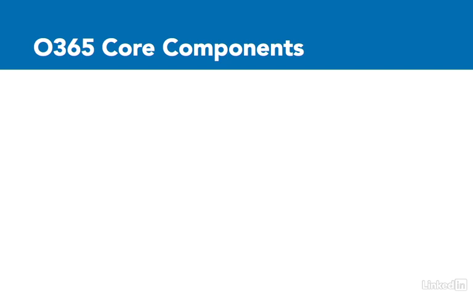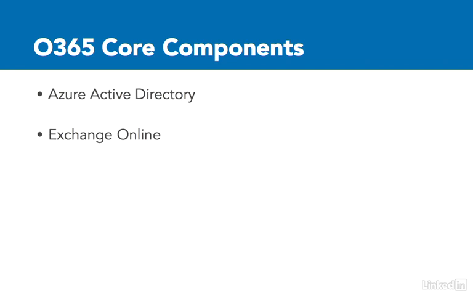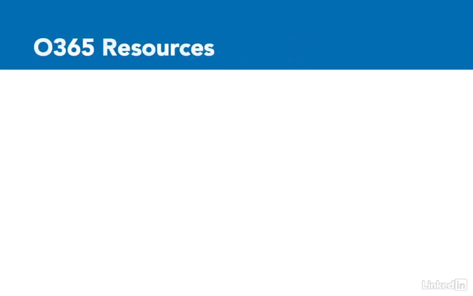So you can incorporate Azure Active Directory, you can incorporate Exchange Online, that's a part of many business plans, Skype Online, OneDrive storage, and many others, too many in fact to mention here. You can have access to SharePoint Online, Project Online, those are just a couple of the others off the top of my head. Now, as you continue in this course and others covering Office 365 administration, you will deal with these core components in more detail.